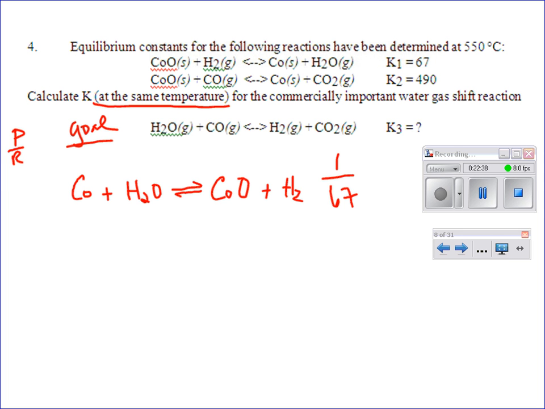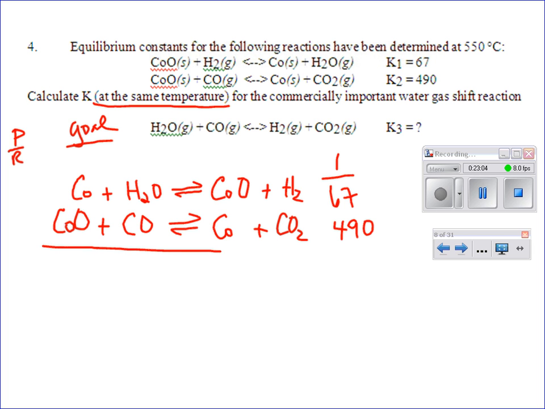Okay. What do I do with my second equation? Do we want to flip it? I think it's good where it is, right? Because that'll let me cancel some stuff out. So I'm going to leave it as is since I didn't change it. So I'm going to leave the K as it is. And just to make sure I get my goal, I want to add these up. That cancels. That cancels.